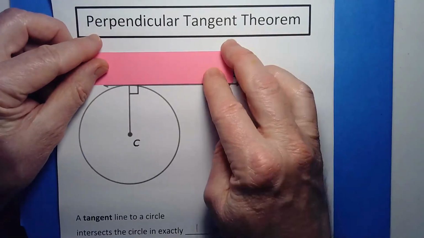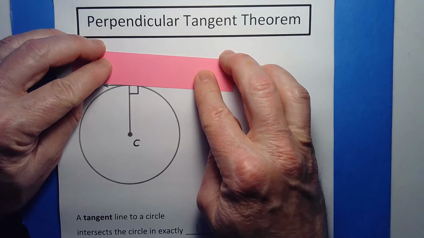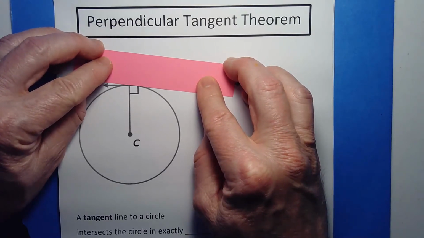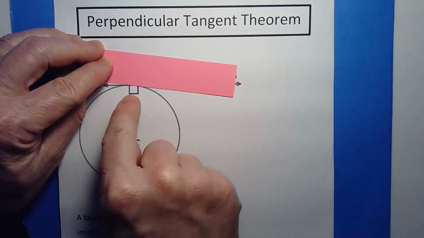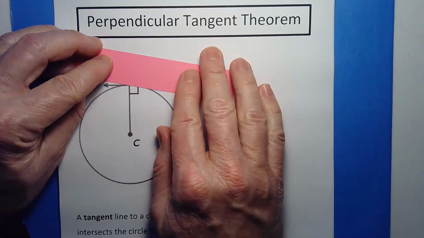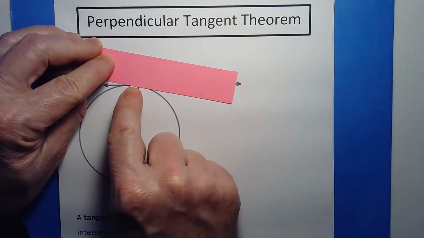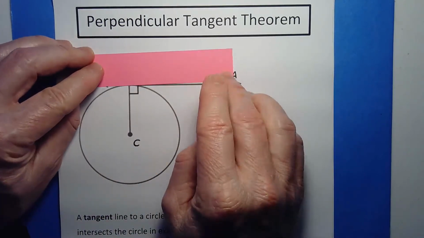Now, if this wasn't perpendicular, think about what's happening here. Well, great, I'm still going to touch it there. It's going to intersect there. But as I do that, notice it's starting to cut into the circle a little bit. You'd have to have a thinner line to see it, so I'll kind of exaggerate. But as this goes off perpendicular, it's touching that circle more than once. That is no longer a tangent, is it? Same thing happens the other way.